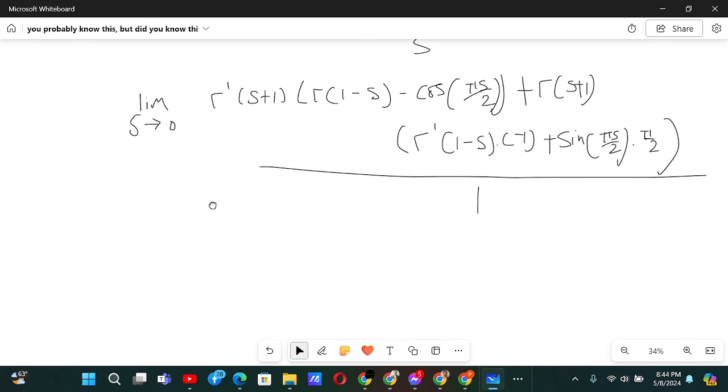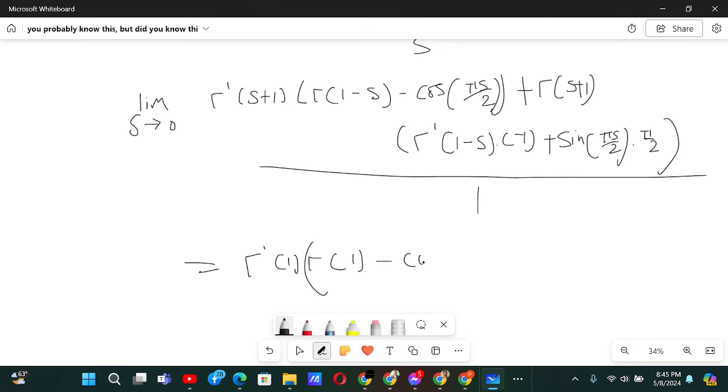Now let's substitute s as 0. We have gamma prime of 1, gamma of 1 minus cos of 0, and then plus gamma of 1 over here we have minus gamma prime of 1, and then this is just plus 0.